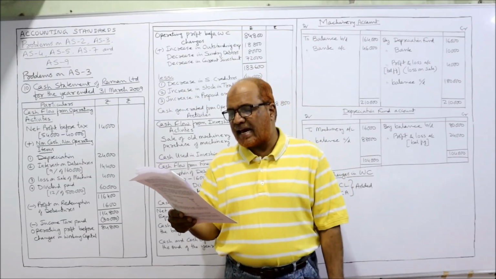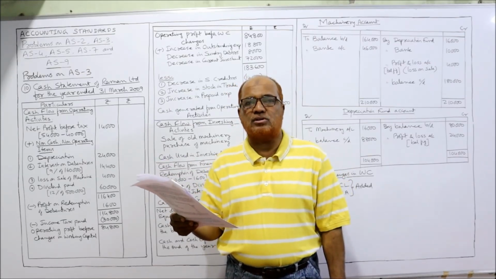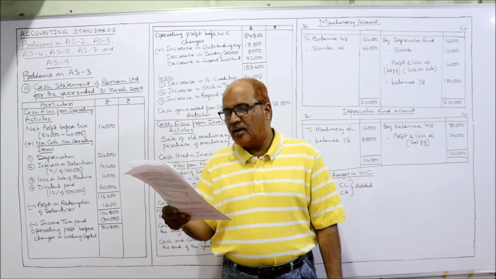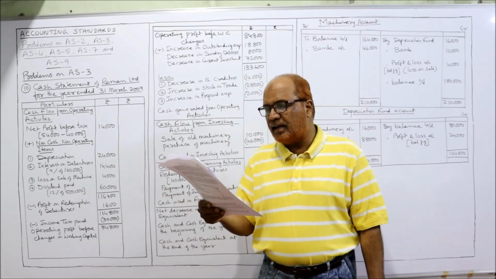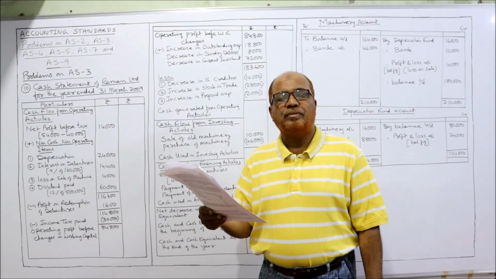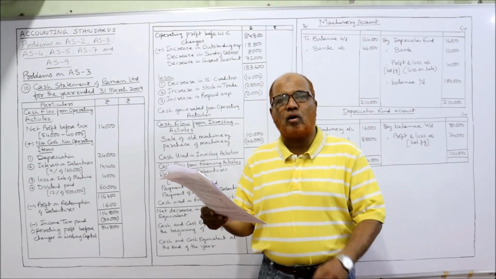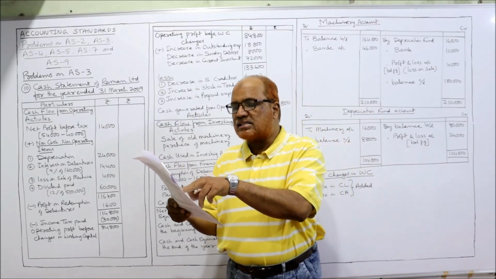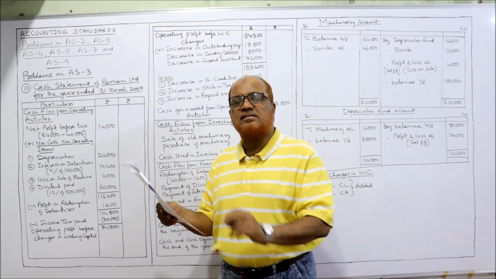One new machinery was acquired for 46,000. New machinery purchased. 9% debentures were redeemed at a discount of 4% of their face value. Already on the liability side you can see last year debentures 2 lakh, current year 1,60,000.